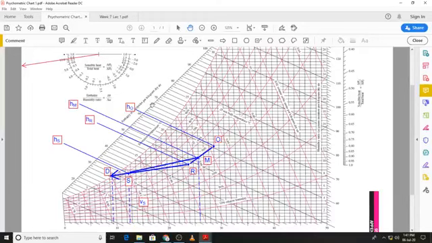The next thing that we had to do was to locate state S by using the sensible heat factor and the dry bulb temperature of the state.